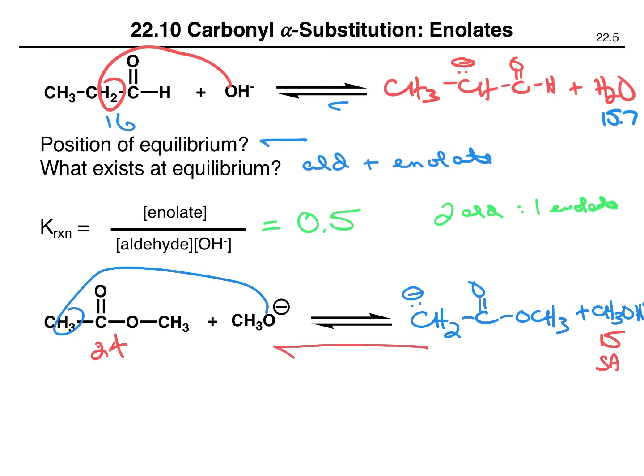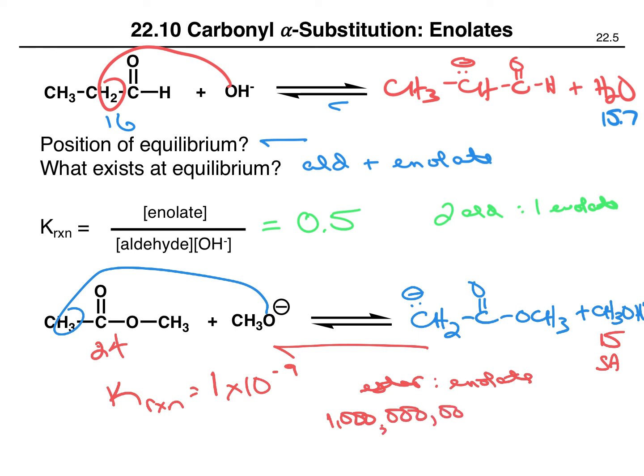Equilibrium lies to the left. Now in this case, the equilibrium constant K is equal to 1 times 10 to the negative 9. So here, our ratio of ester to enolate is on the order of 1 billion to 1. So lots more ester than enolate.